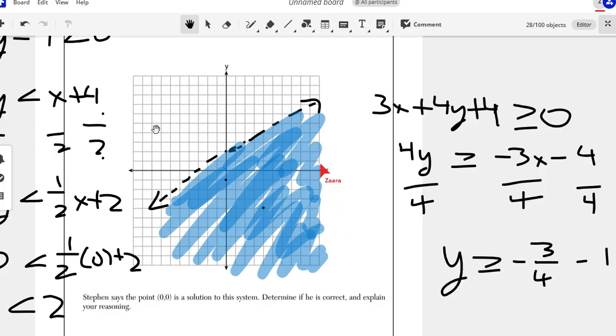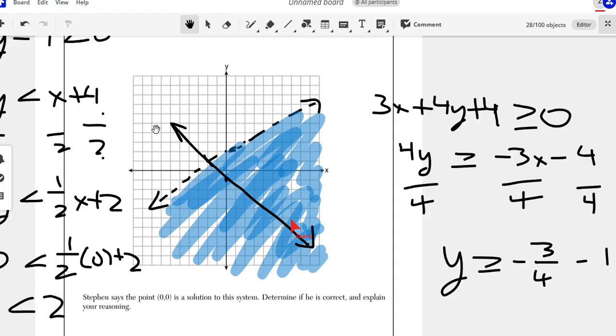Now, will there be a dashed line? Why would it be a dashed line? It would be a solid line. Solid? So like this.